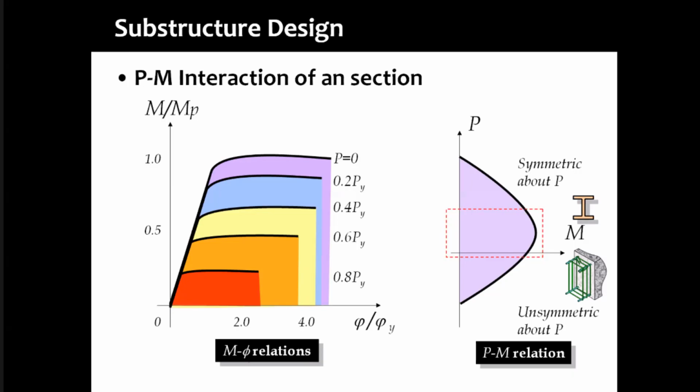Many of us know this concept, that we go to a balance point, and above the balance point is all compression failure, and below the balance point is all tension failure. And tension failure is desirable because, as you can see here, when the axial load is small, we get the largest ductility, curvature ductility, on the left hand side diagram.